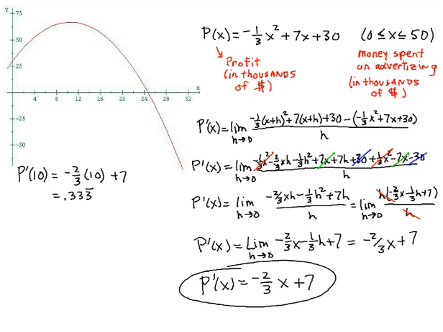So the profit is changing at, let's see, in dollars, that would be $333.33. Remember, we're talking that the derivative or the profit function is in thousands, so that would be $333.33 per $1,000 per quarter. So $333.33 per quarter.